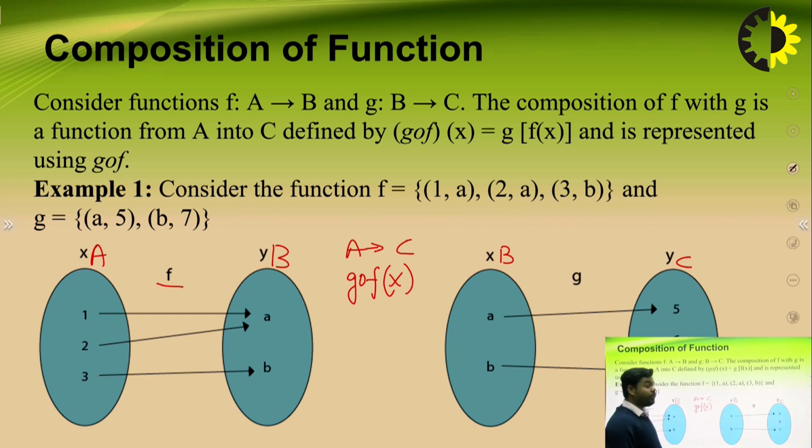I am going to draw the diagram of g o f, how it is related. 1 is related to A, 2 is related to A, and 3 is related to B. Now A is related to 5 and B is related to 7.